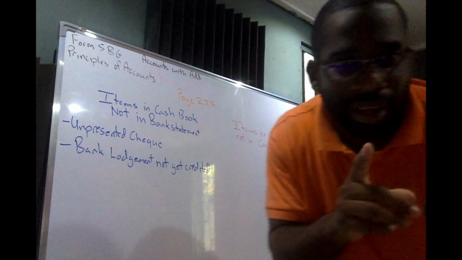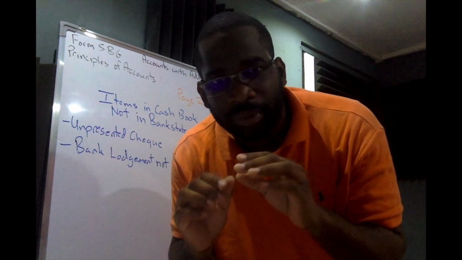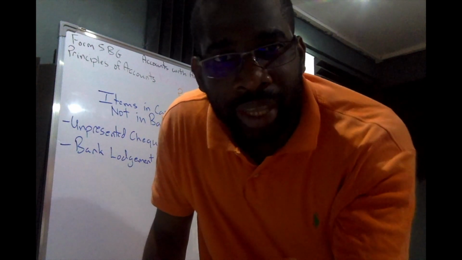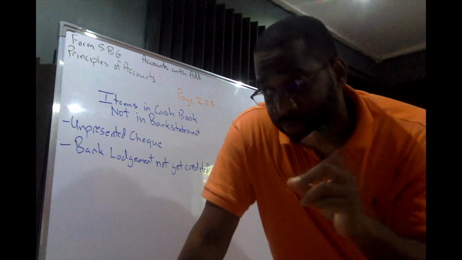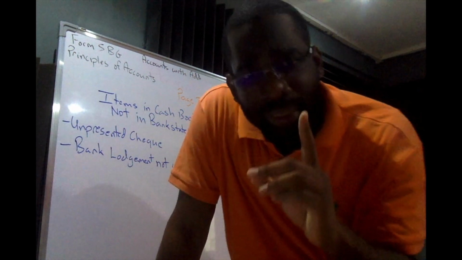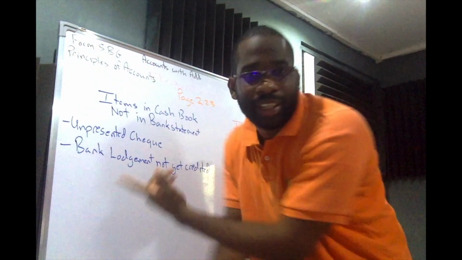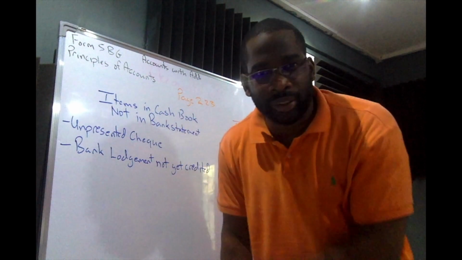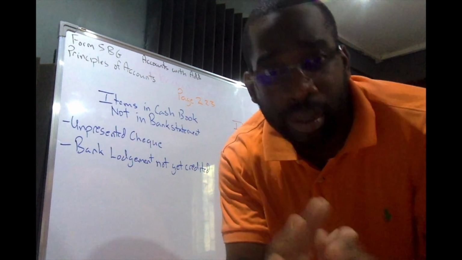Now, the bank is the opposite of the cash book. In the cash book, the pay in side is the debit side, but inside the bank, the credit side is the money going into the bank.